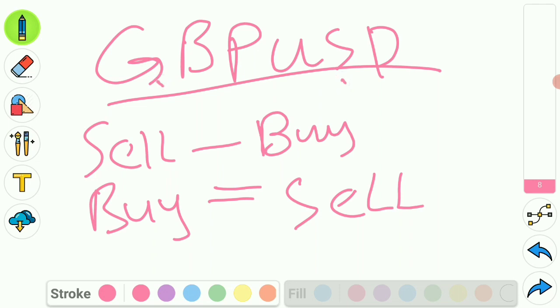That means if I'm selling, I'm also buying USD, and if I'm buying, I'm also selling. So it's inverse versa.